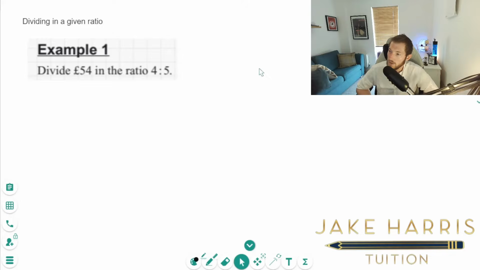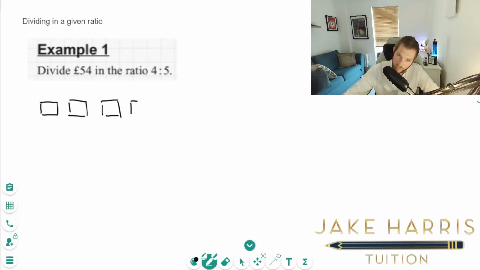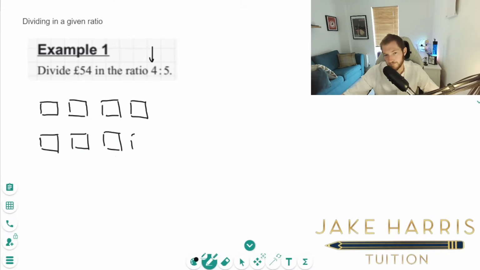And the simple method to approach this is to use boxes to represent each of the parts of the ratio. So if we were sharing this between two people, the first person would have 4 boxes because they have 4 parts of the ratio, and the second person would have 5 boxes because they have 5 parts of the ratio.